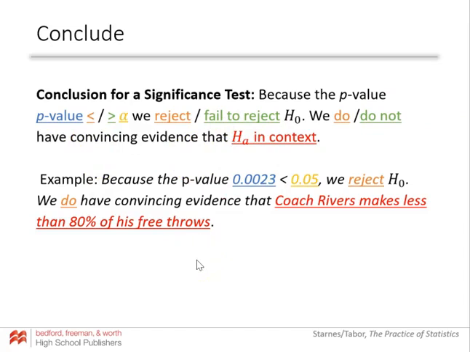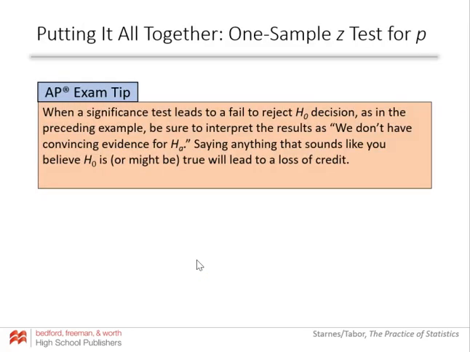We are not saying anything about the null other than reject or fail to reject. Okay, so if you write anything like we can accept the null hypothesis, or we have evidence the null hypothesis is true, anything like that is going to cost you points. We can only talk about whether or not we have evidence for the alternative, not the null.